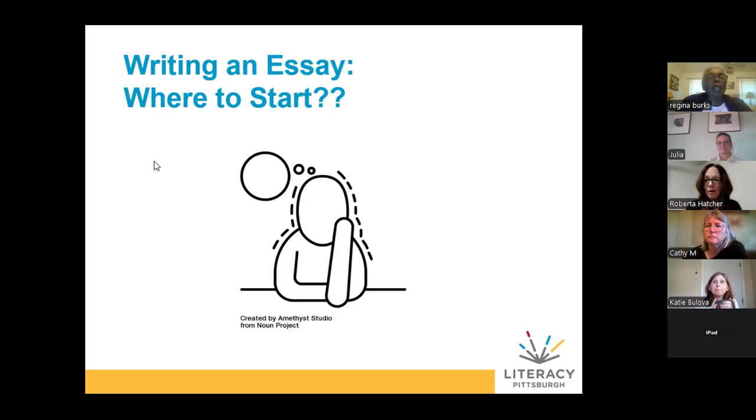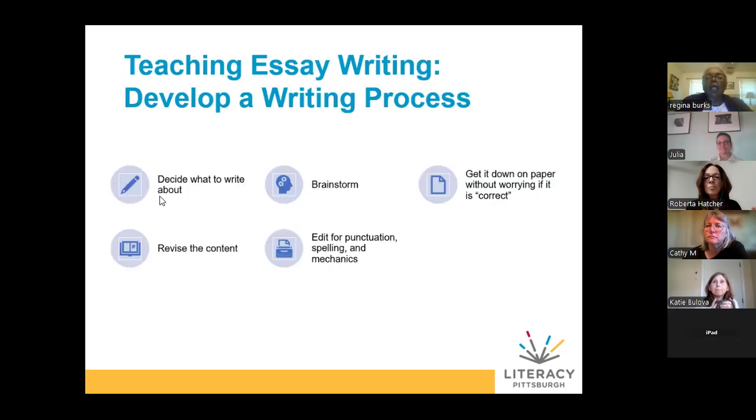And so how do we try to help them with that? Where to start? We tell them to break it down. We tell them writing is a process: first, when you decide what to write about, you brainstorm ideas, and then you start just getting it down on paper without worrying if it's correct.